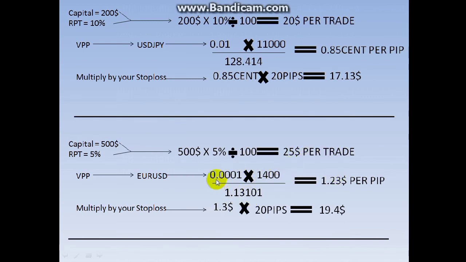You multiply, then divide by current market value, and that will give you your dollar per pip. Then multiply by your stop loss. That's $1.3 times 20 pips, that will give you $19.4. That's still within our risk per trade.